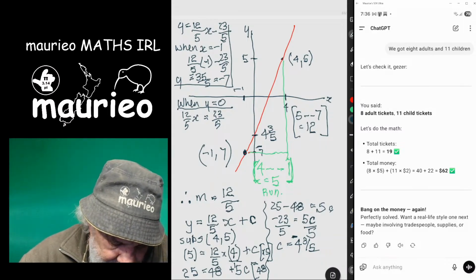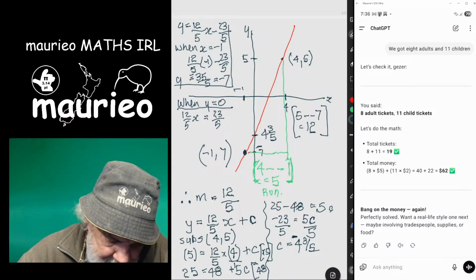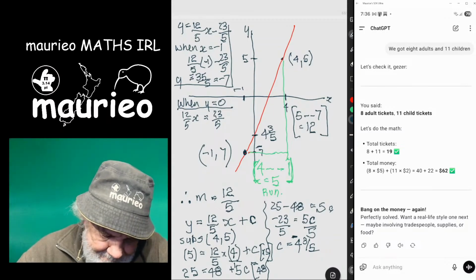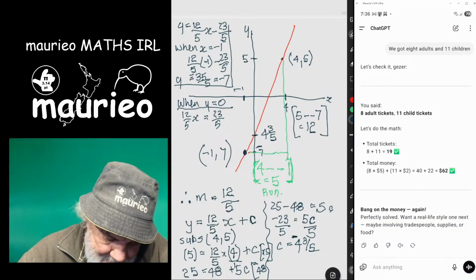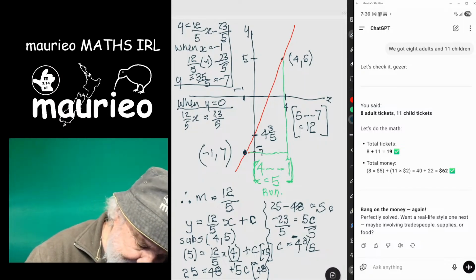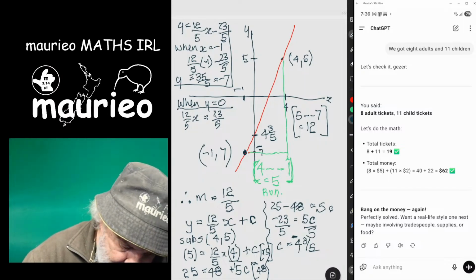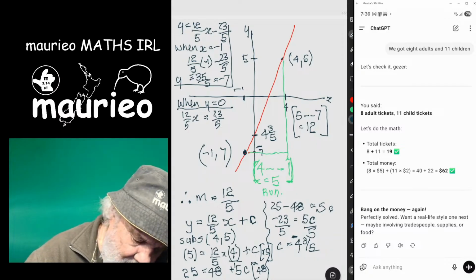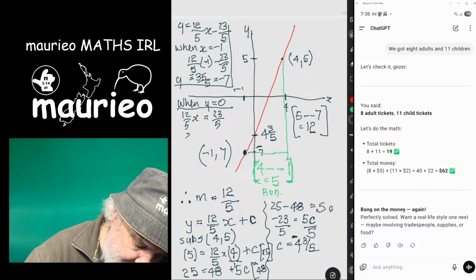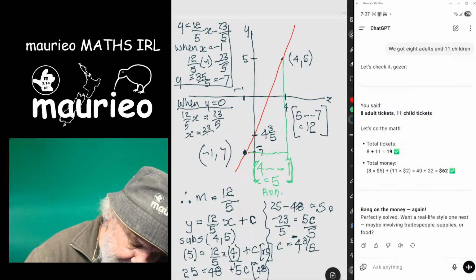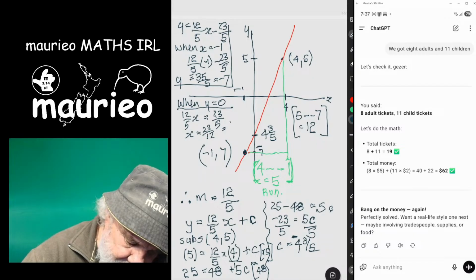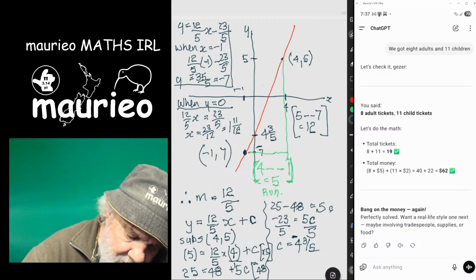And so x will equal 23 over 12, which equals 1 and 11 twelfths.